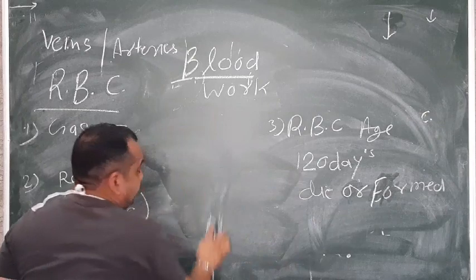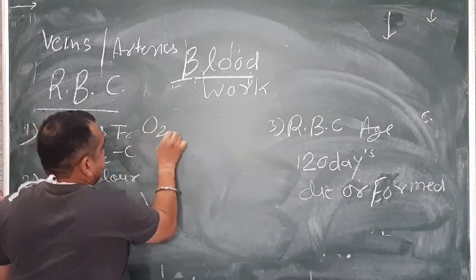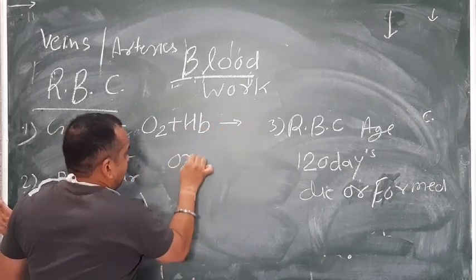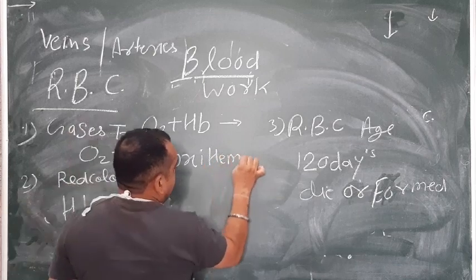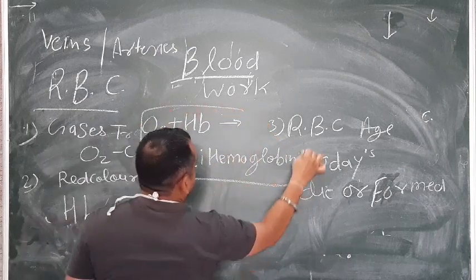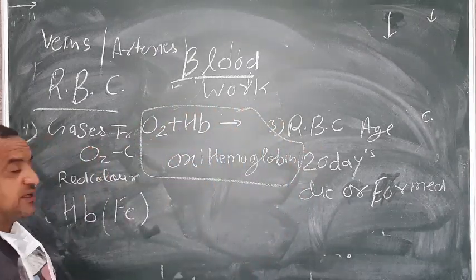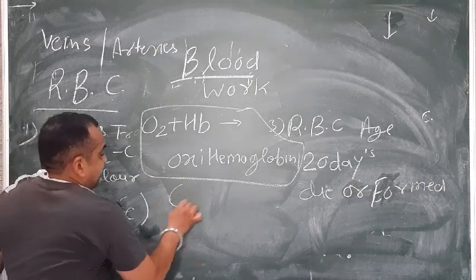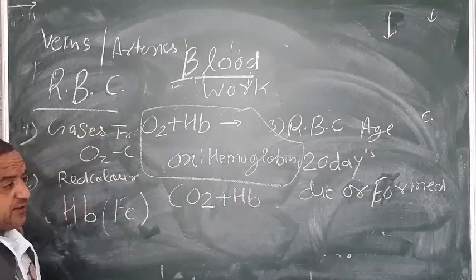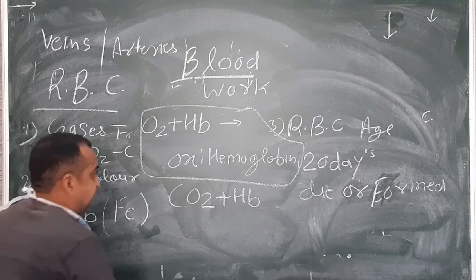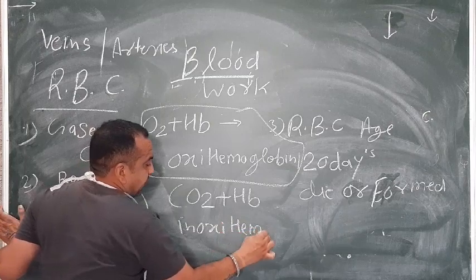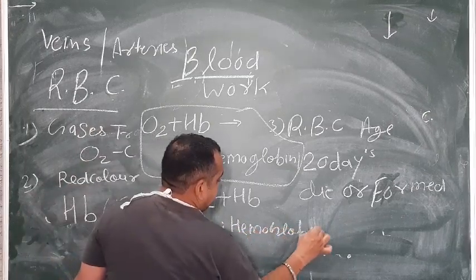When oxygen bonds with hemoglobin, it is known as oxyhemoglobin, and when hemoglobin bonds with carbon dioxide to exhale from our body, it is known as deoxyhemoglobin.